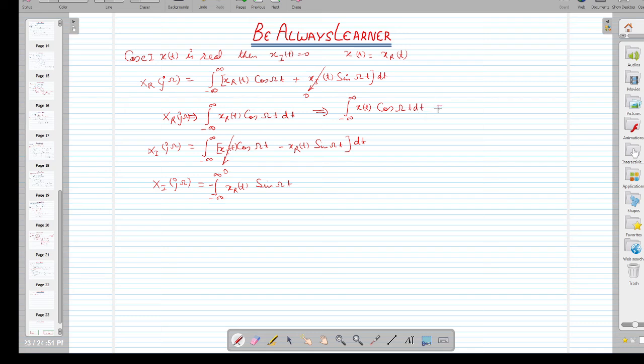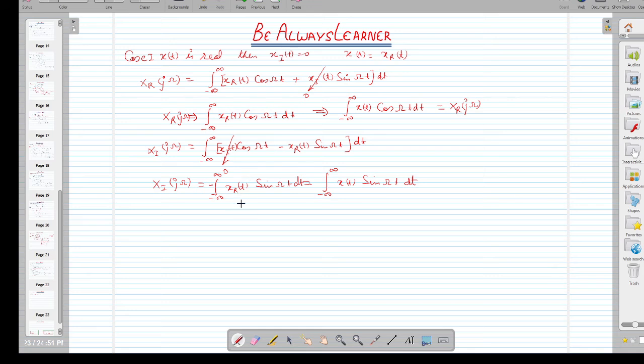So that is what is our x real part in frequency domain. In the same way, I can also write minus infinity to infinity x t sine omega t dt. So that's how we can compute the imaginary part when x is real one.